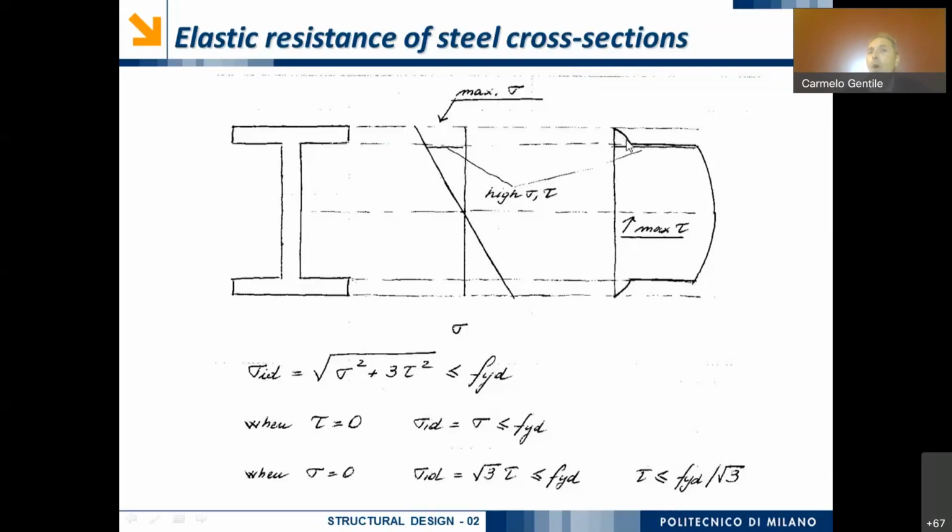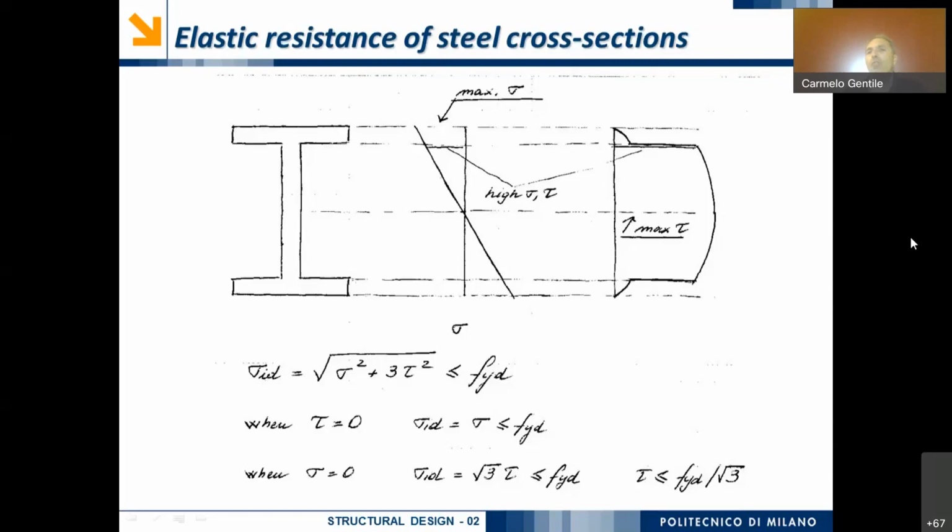So a parabolic distribution in the two flanges. Afterwards, I have a discontinuity in the shear stress corresponding to the passage from this larger width to the lower width of the web. And afterwards, we have an increasing nonlinear behavior with the maximum corresponding to the center of the cross-section.